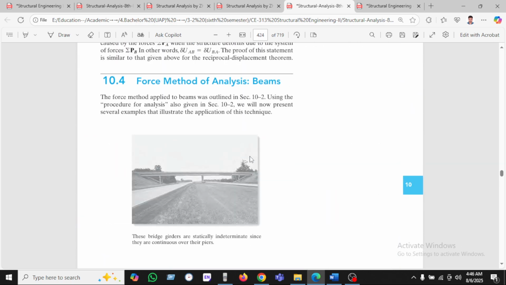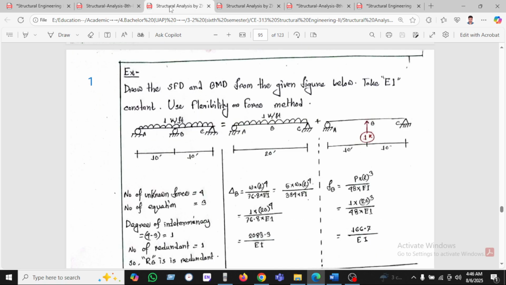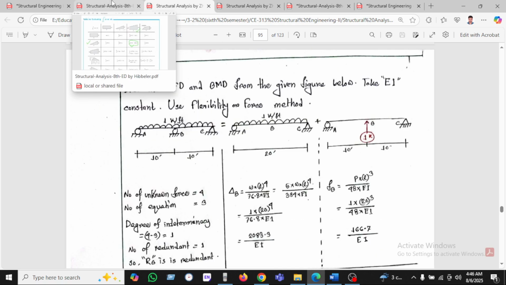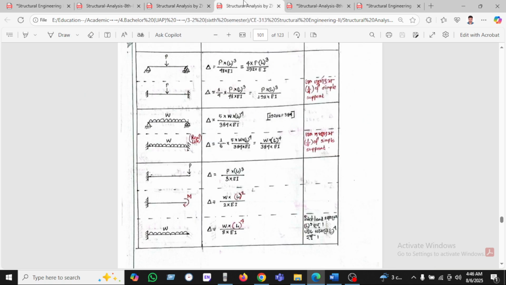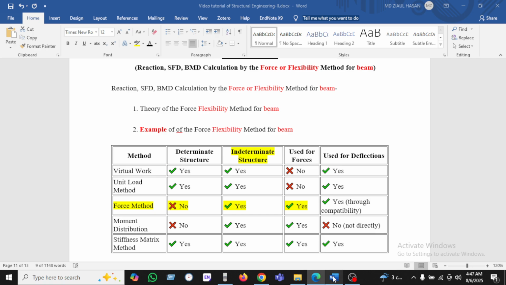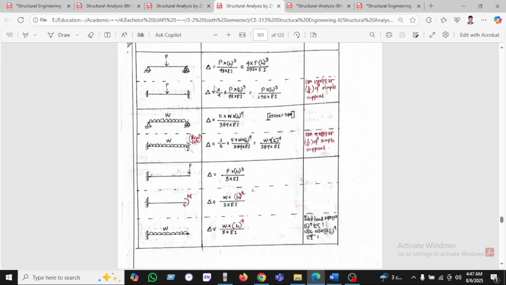Okay, let's start from here. Before starting, I want to say that in this flexibility or force method, we have to memorize this.